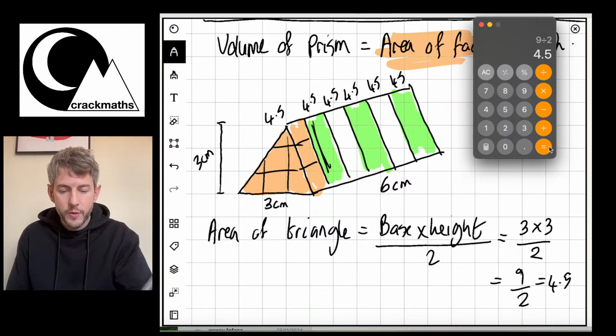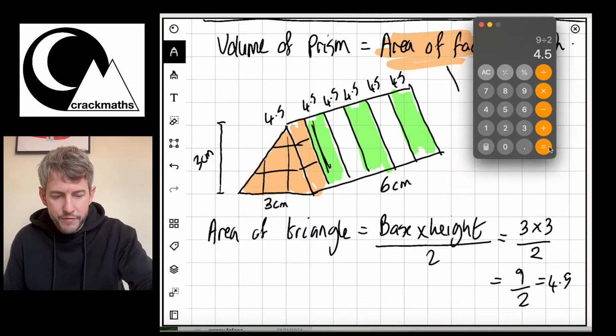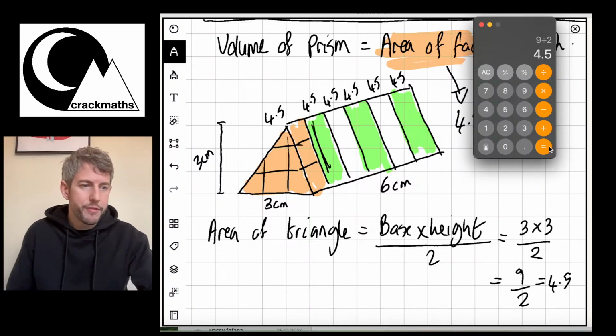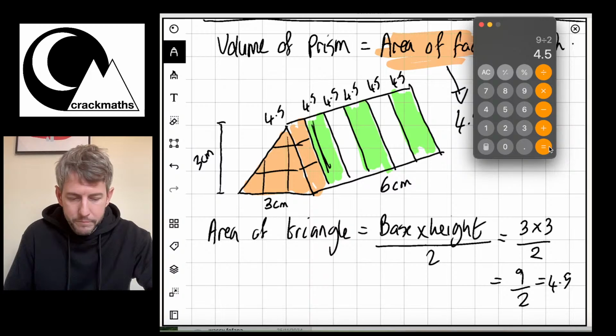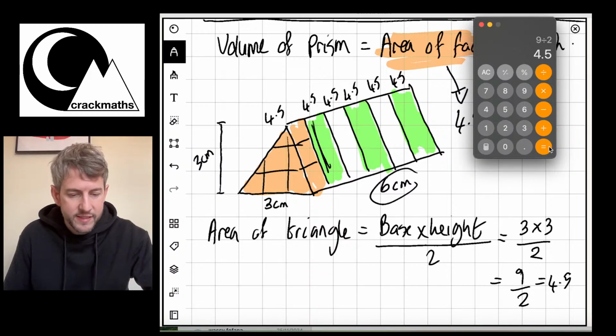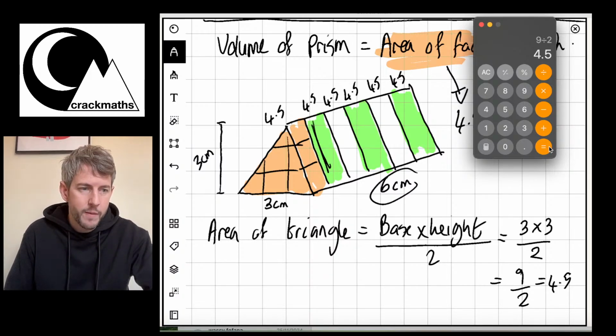And so what we can do is we can actually just do the area of the face, which is 4.5, times the depth, which is how many rows of these 4.5 cubes we have. Okay, and in this case it's 6. So the area of the face times the depth.